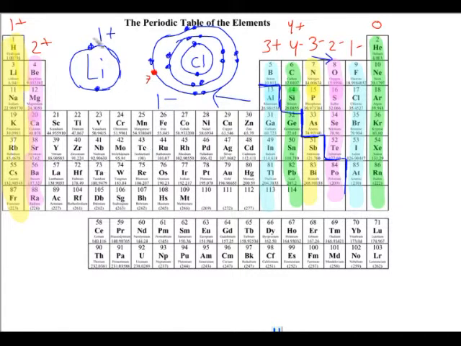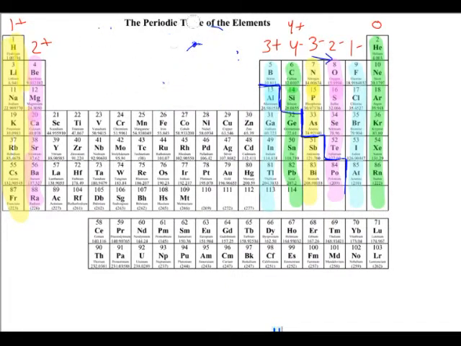So that's how we get +1 for lithium, -1 for chlorine. So this is a happy compound because +1 plus -1 is equal to 0.